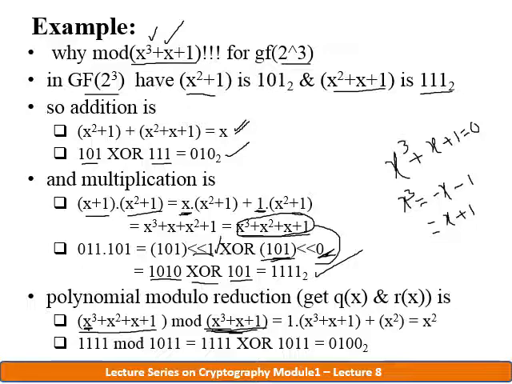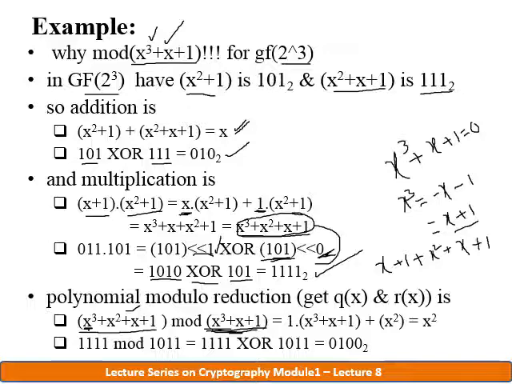Substitute this value in the multiplied polynomial. Substitute the value of x cube in this. So what do I get here? When I substitute the value of x cube, I get x plus 1 plus x square plus x plus 1, and do the XOR operation for this now.